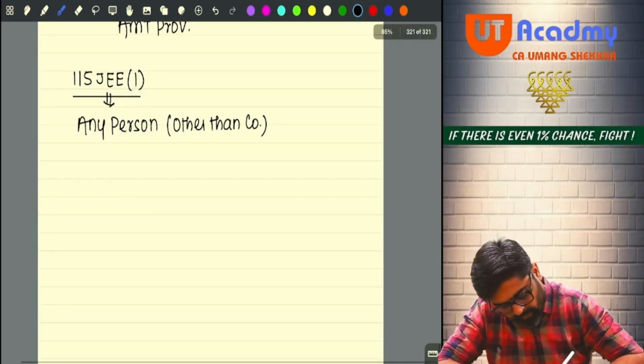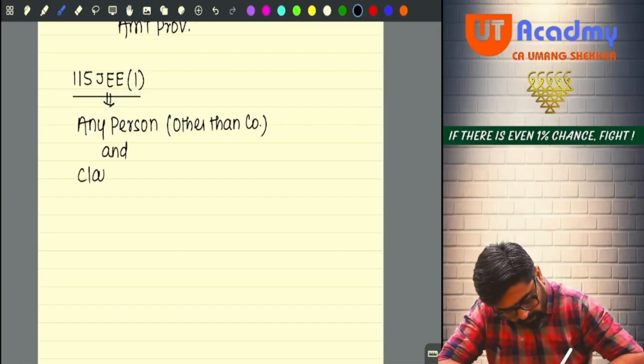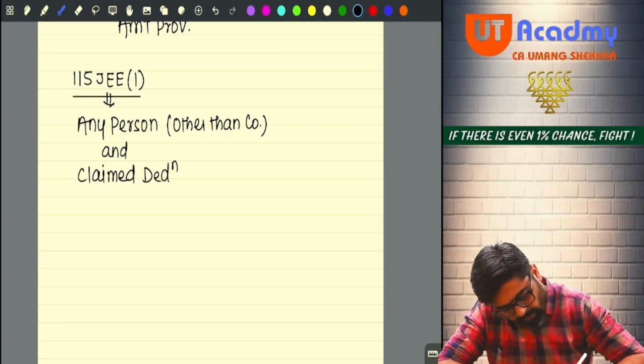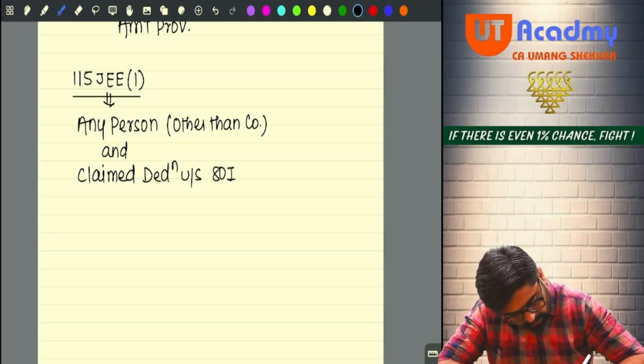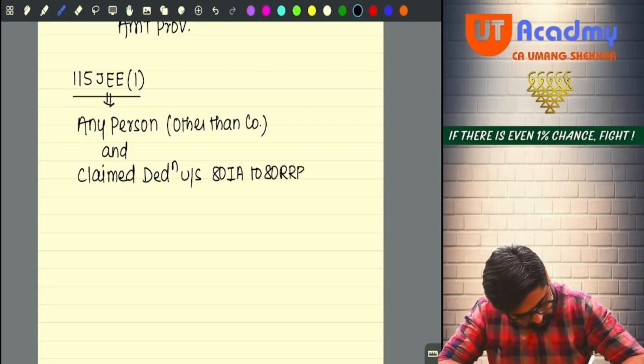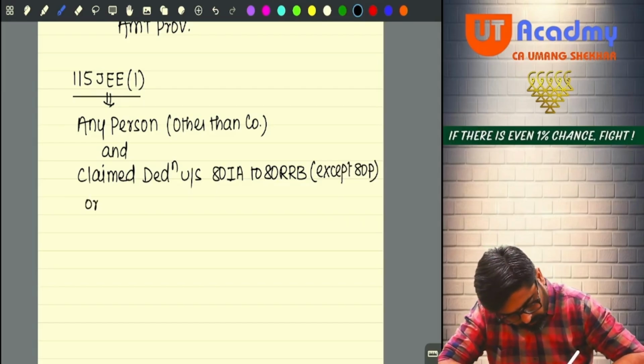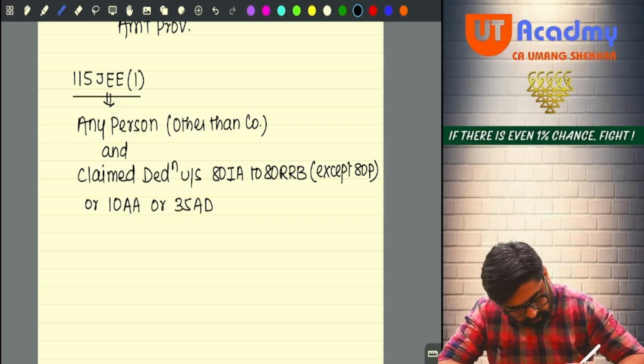And such a person has claimed deduction under section 80IA to 80RRB except 80P, or has claimed deduction under section 10AA, or has claimed deduction under section 35AD.